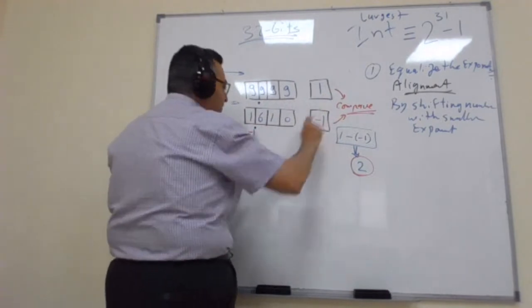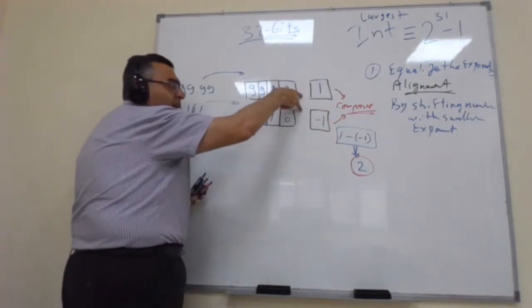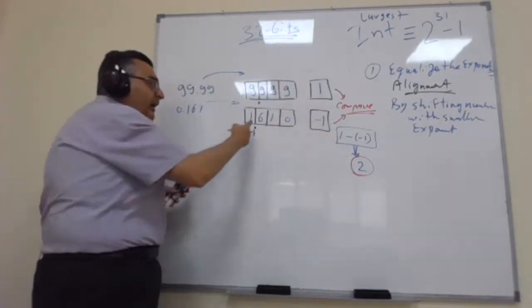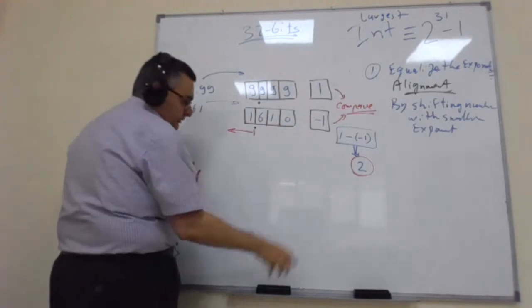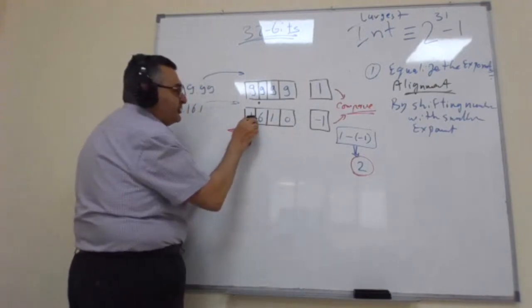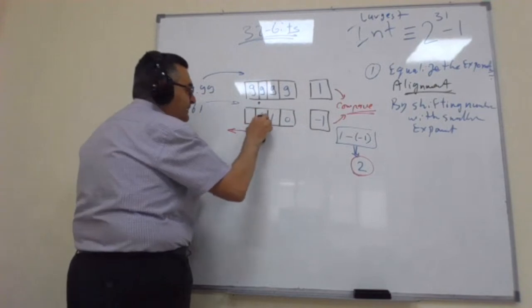يبقى one shift will raise it 1. Are they equal? لا مش equal. يبقى I have to do 2 shifts to this number. يبقى هنا shifting this decimal point 2 places.